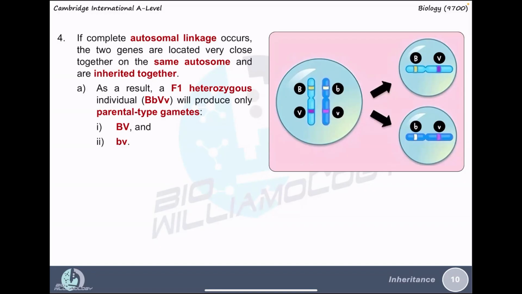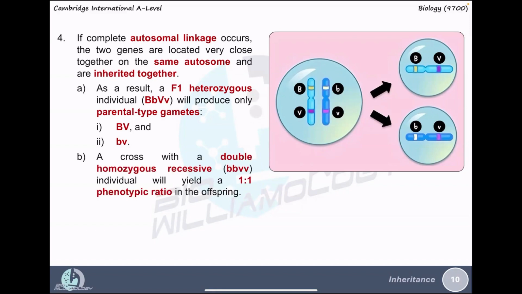Therefore, the inheritance pattern will be different from the Mendelian dihybrid cross. A cross with a double homozygous recessive individual will produce a 1:1 phenotypic ratio in the offspring rather than 1:1:1:1, because there is no independent assortment between gene B and gene V during metaphase 1, as they are located on the same chromosome.